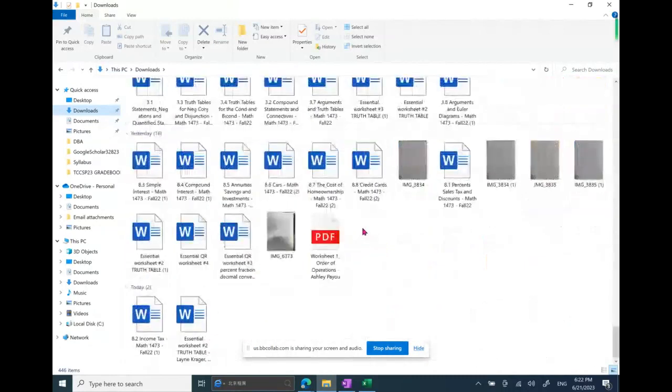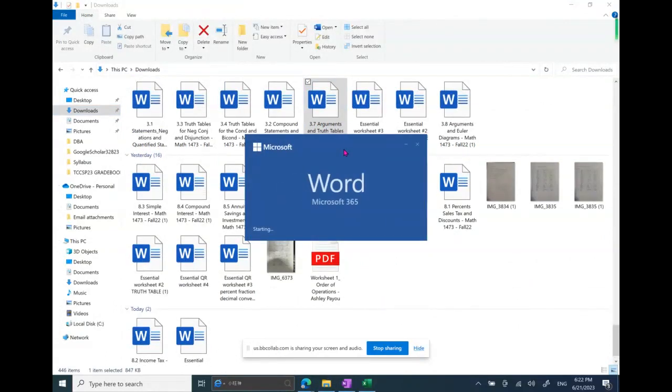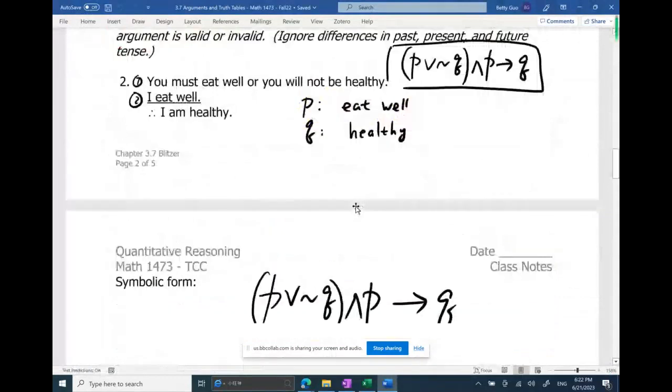Let me see if I can find the guided notes. This is section 3.7, right? There's a table in that section. That fallacy is one part of the table.